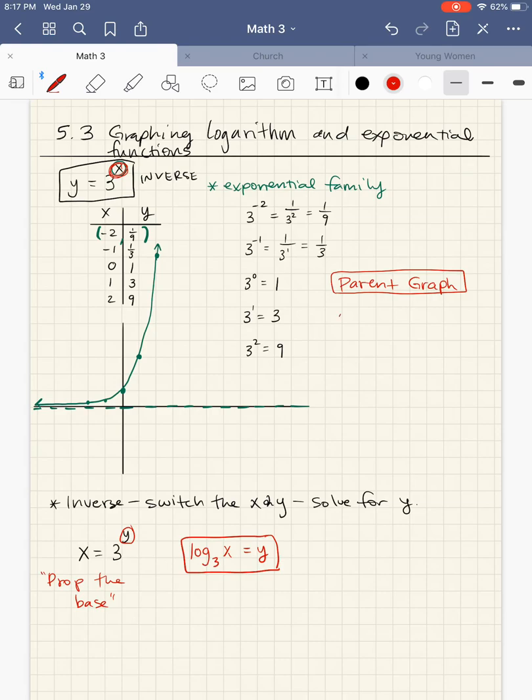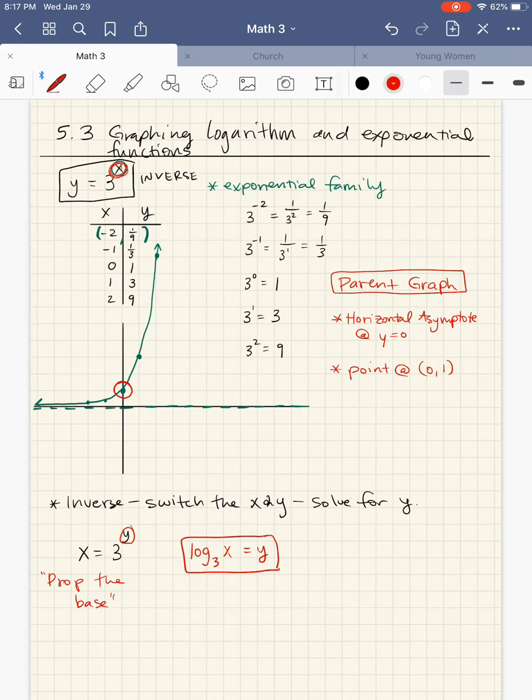So our parent graph has a horizontal asymptote at y equals 0. It also will always have this point right here, even if our base is something different, like if it's 2 to the x, we still have this point. There's a point at 0, 1. So that's true for the exponential.